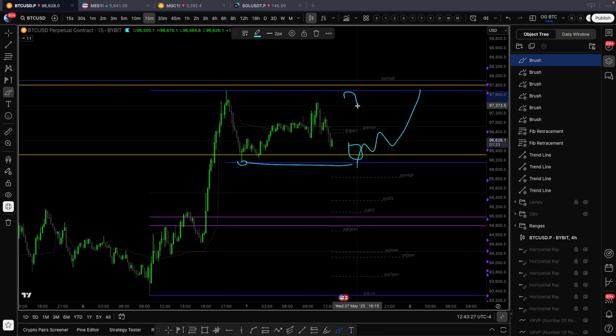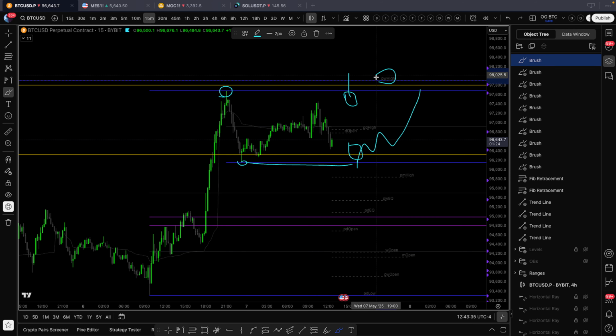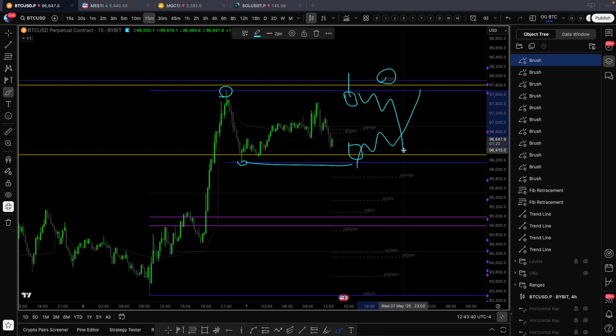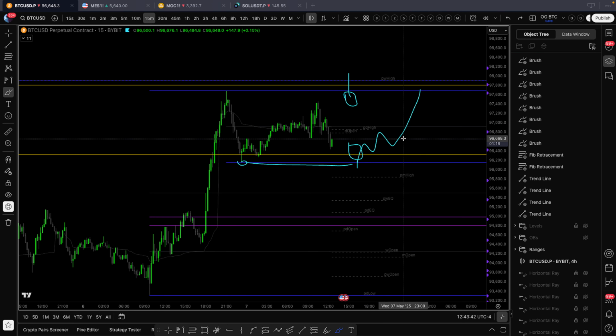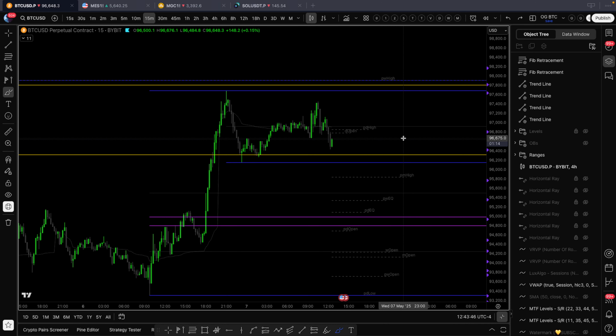You have a candle, but you see a wick pass through and it closes back below this high or even the previous week high, and then you make your way down. So those are the long and short scenarios for a local play, as well as the medium time frame, as well as the high time frame.